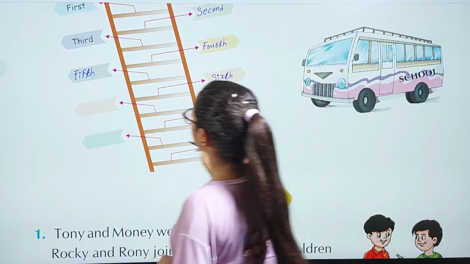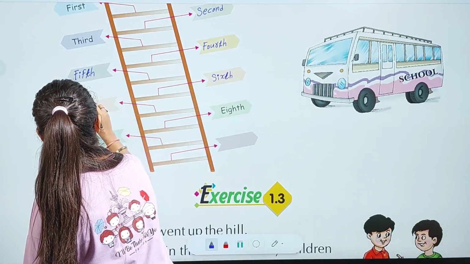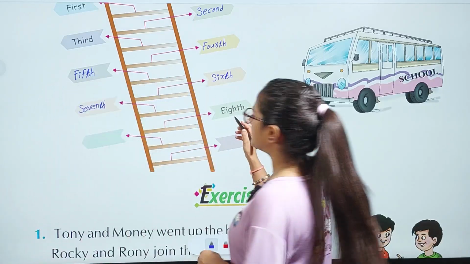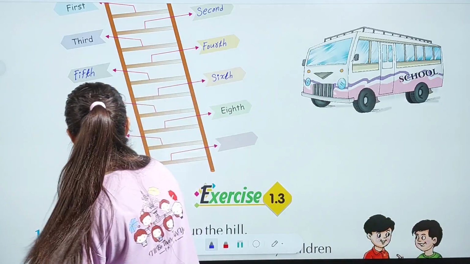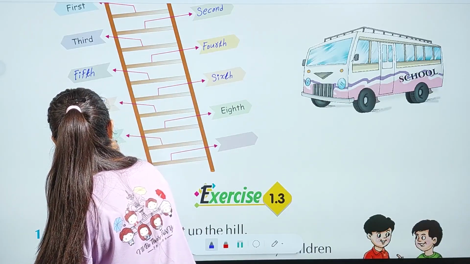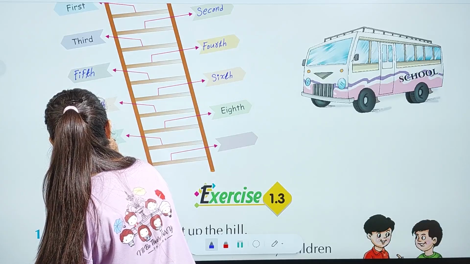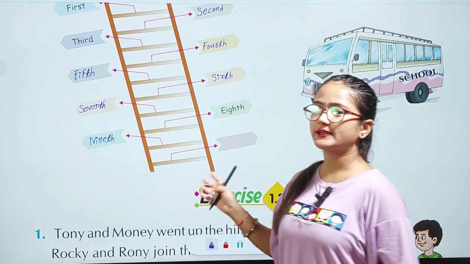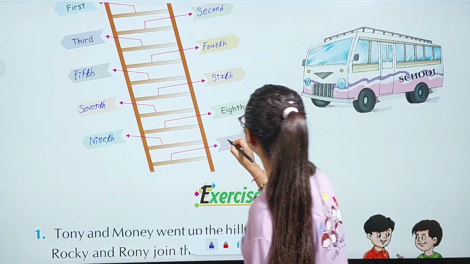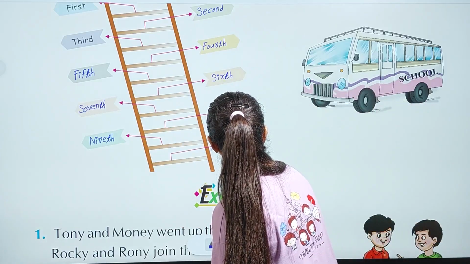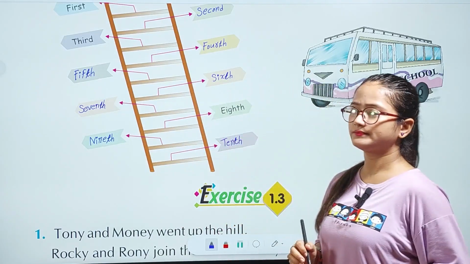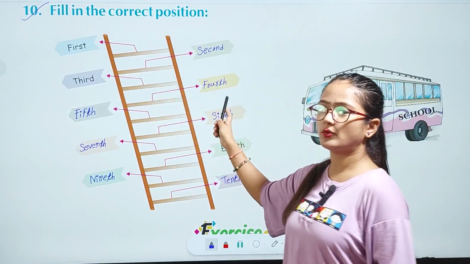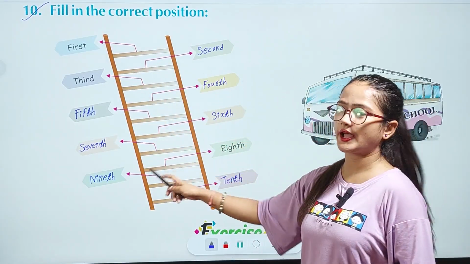And after that, seventh, S-E-V-E-N-T-H. Then eighth, then ninth, N-I-N-E-T-H. Then at the last, the number 10 will come, tenth, T-E-N-T-H. So let's repeat it once again: first, second, third, fourth, fifth, sixth, seventh, eighth, ninth, tenth.